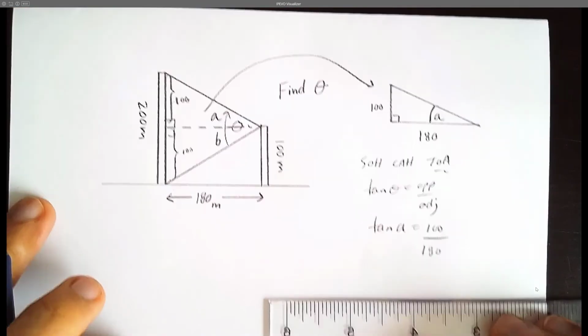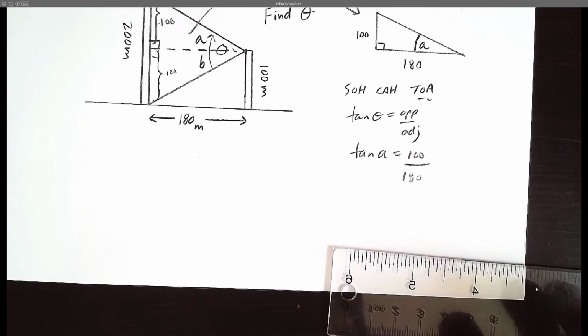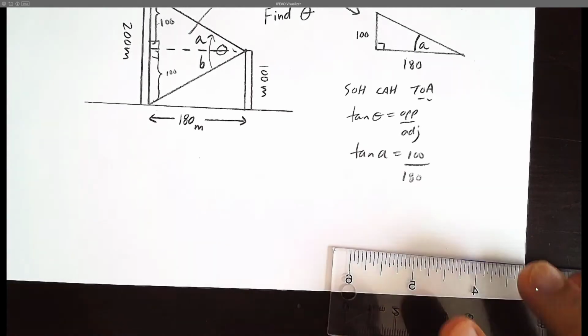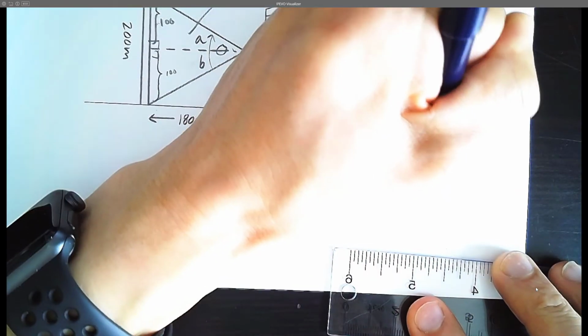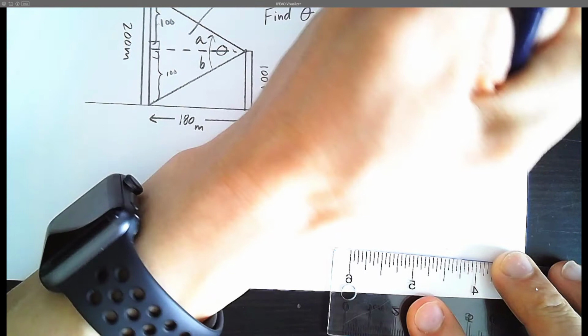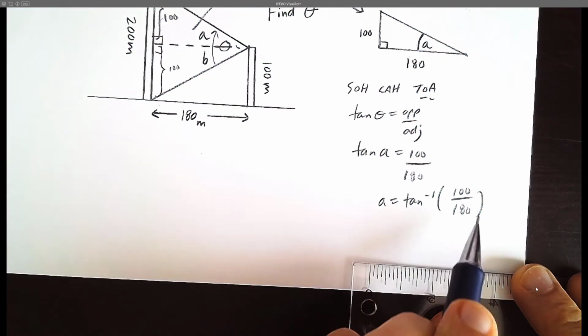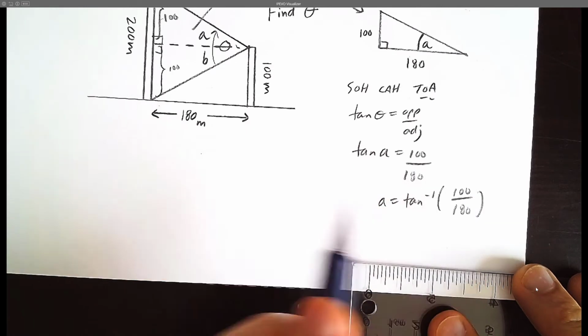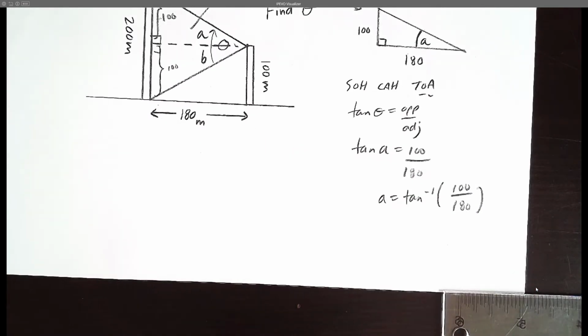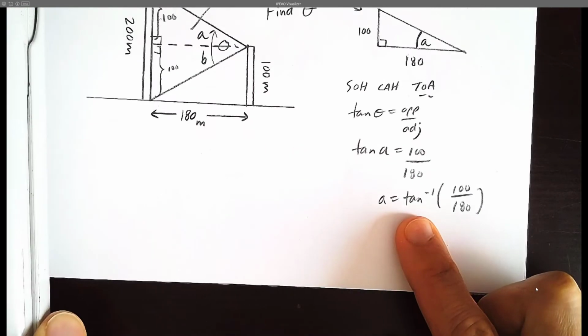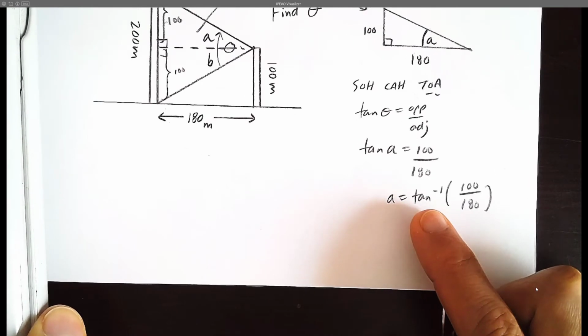So how do you find the angle in trigonometry? You hit the trig inverse button. So A is equal to tan inverse of 100 over 180. If you really want to simplify that fraction, you can knock off the zeros and simplify, but that's not necessary. This means arctan. This does not mean exponent -1.